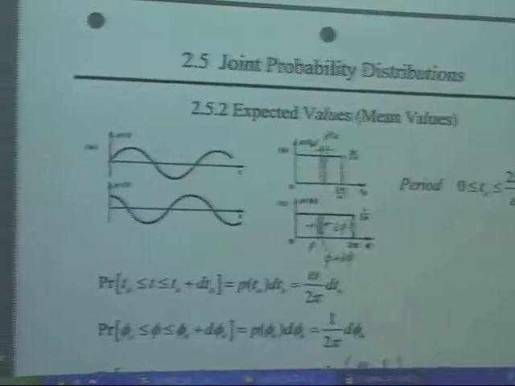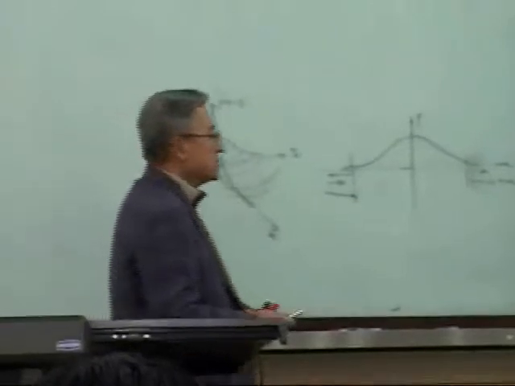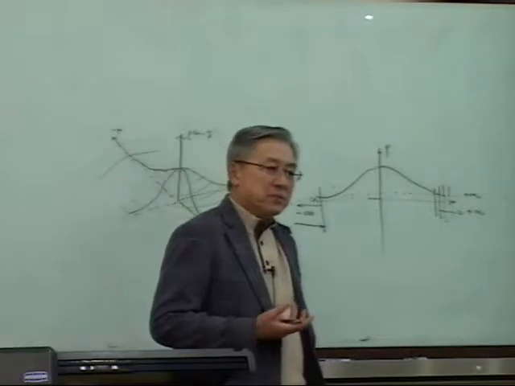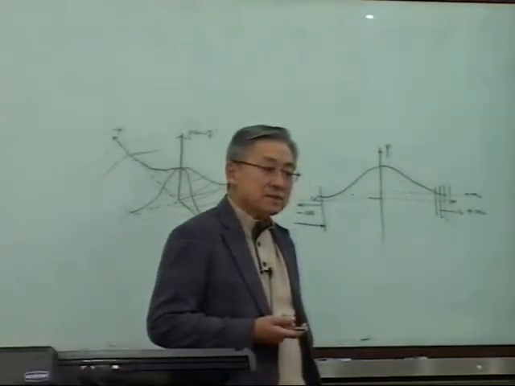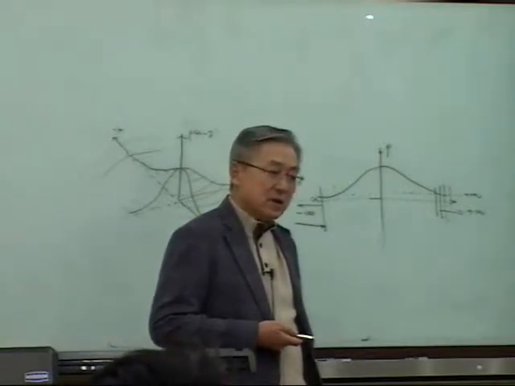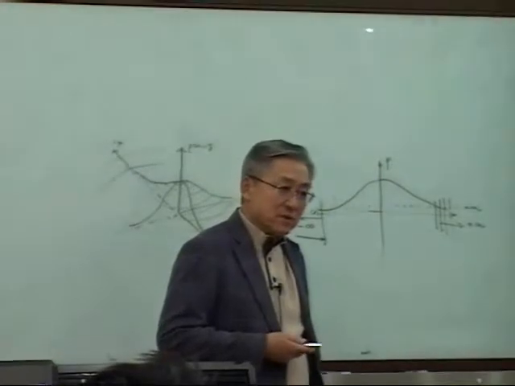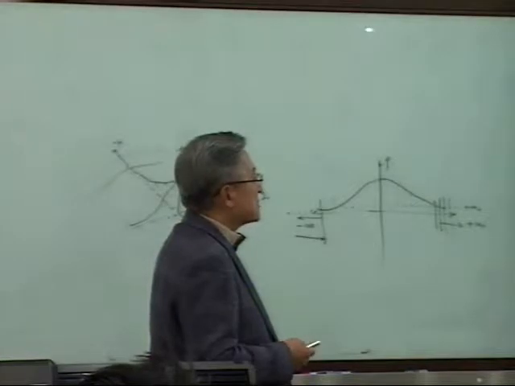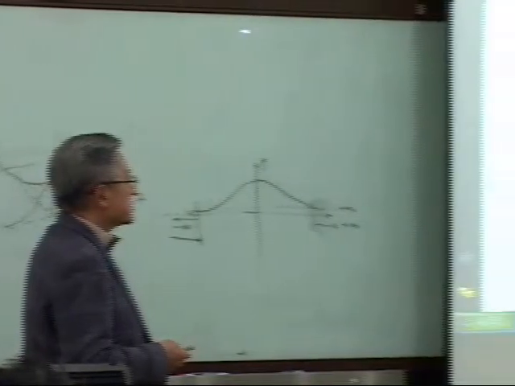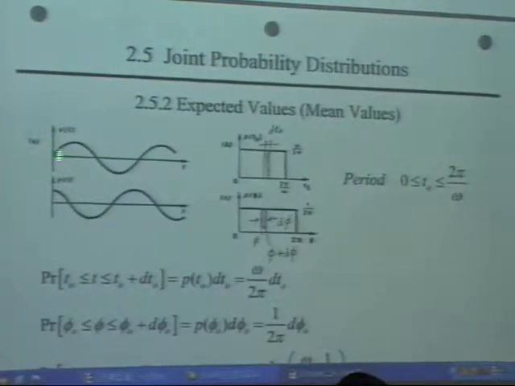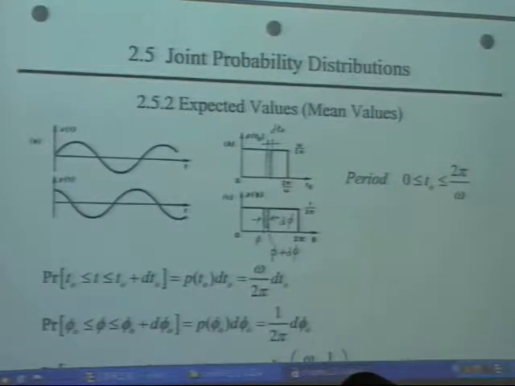Then first, what you have to do to get the expected value, you have to get the probability density function of the random variables, which are what? T naught and phi, right? So first is t, next is phi naught, but this x is simply x sine omega t, but the y is x sine omega t plus phi.